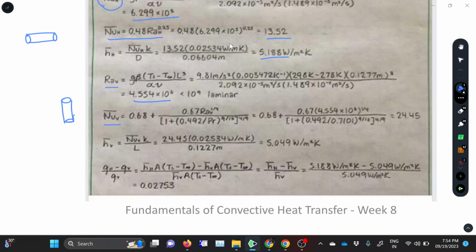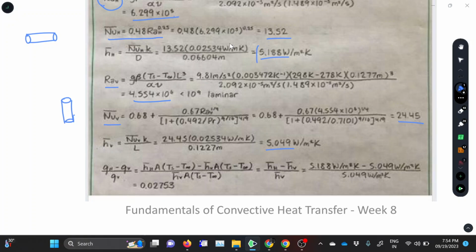This comes from experiments. After plugging in the values of Rayleigh number and Prandtl number, this is what the Nusselt number comes out to be, and then we find the convective heat transfer coefficient, and this turns out to be 5.049.